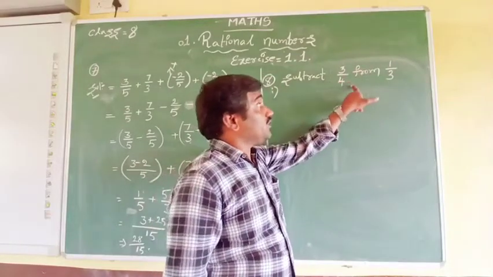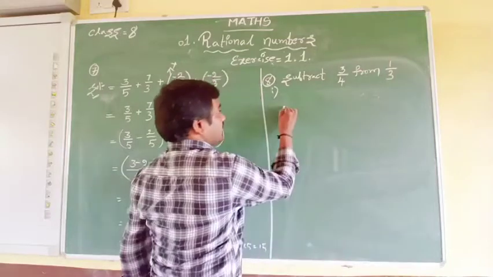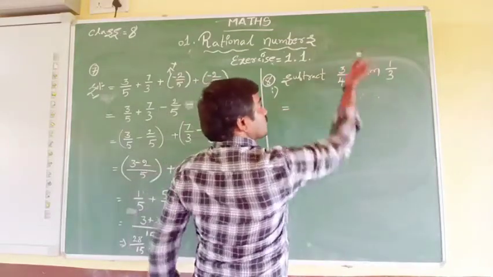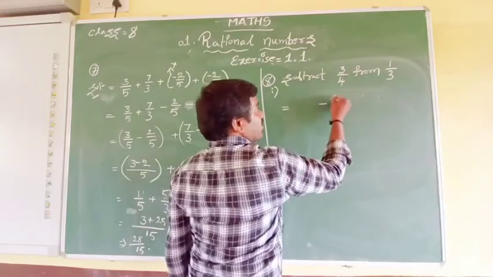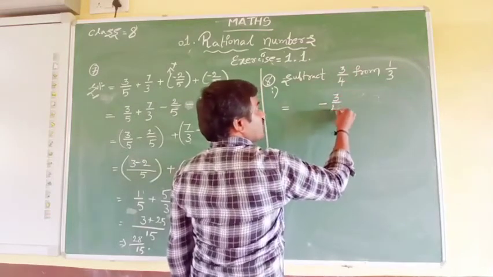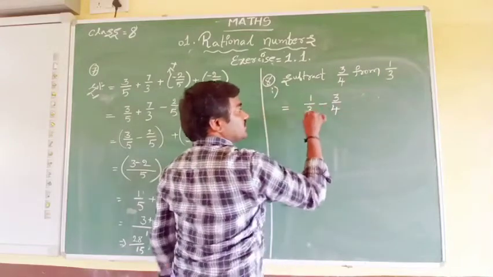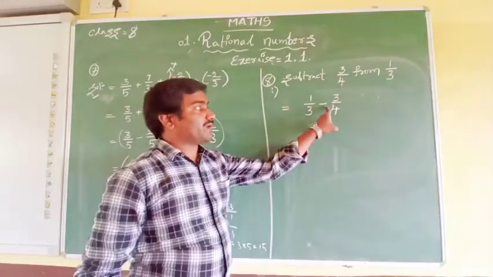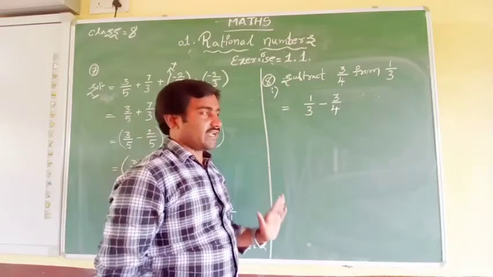This 3 by 4 we need to subtract from the 1 by 3. That you need to read very carefully. What do we need to subtract? This 3 by 4 we need to subtract. So 3 by 4 I am subtracting from what? From the 1 by 3. You understand? I think so.